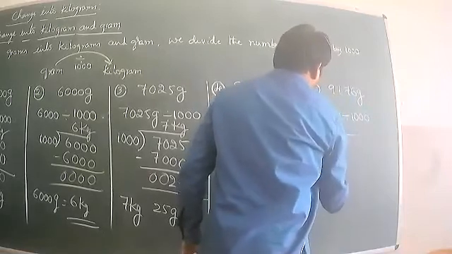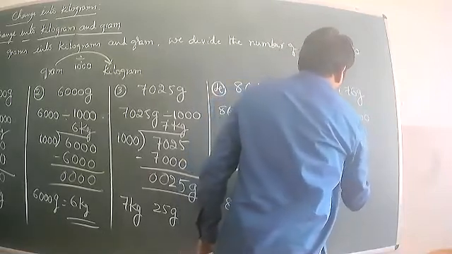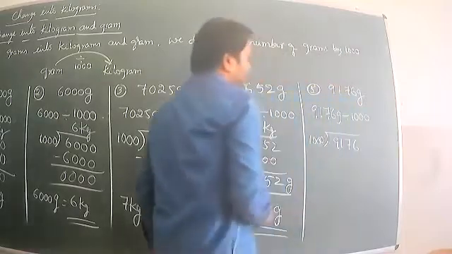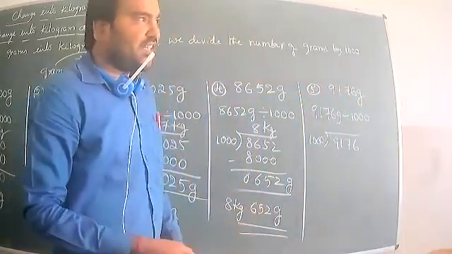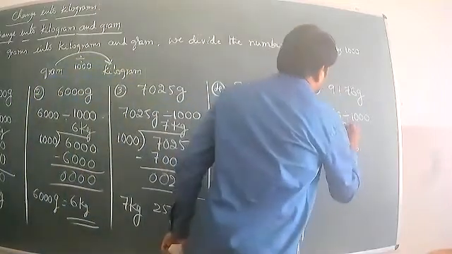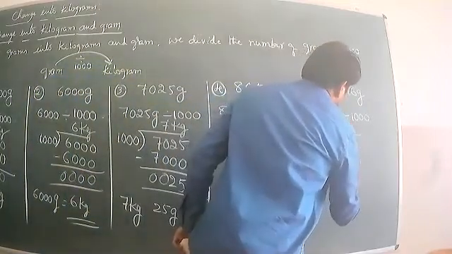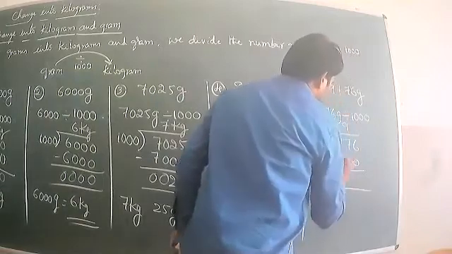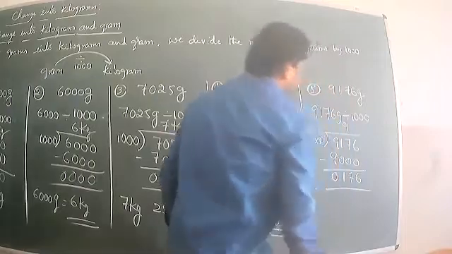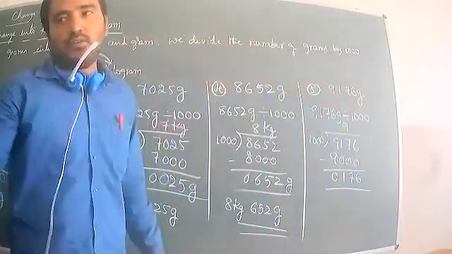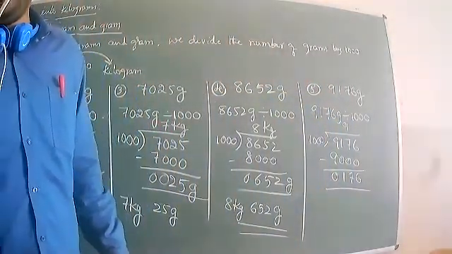In the 1,000 table, 1,000 tens are 10,000, 1,000 eights are 8,000, 1,000 nines are 9,000. Yes, it is the nearest number. 1,000 nines are 9,000. 176 grams are remaining.